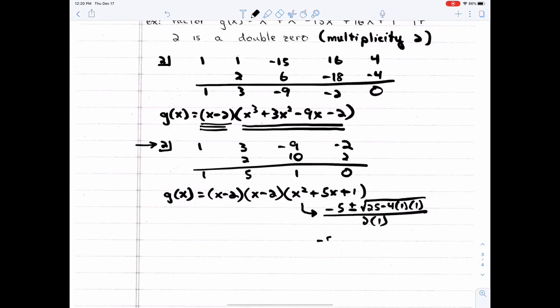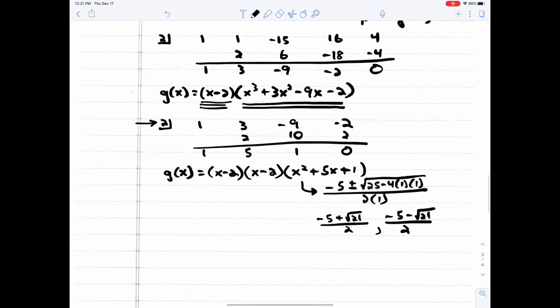It's -5 plus square root of 21 all over 2, and -5 minus square root of 21 all over 2. And each one of those needs its own factor. So what do we have? We have g of x equals that first x minus 2, the second x minus 2.